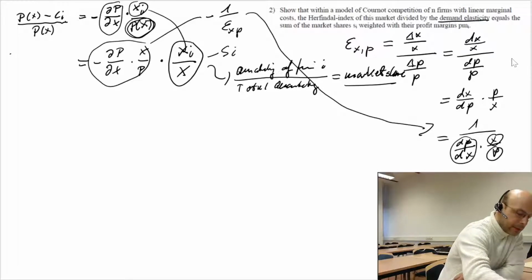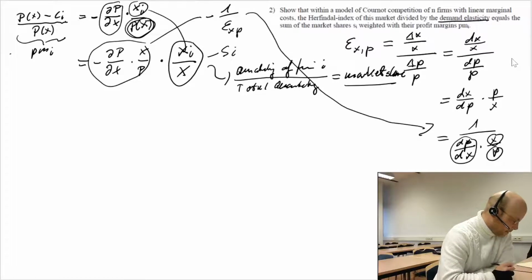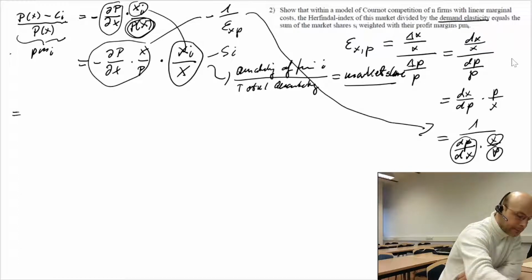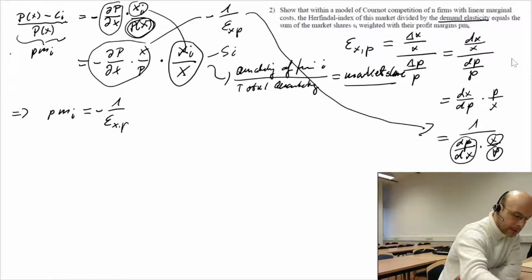So then we obtain, this is the profit margin PMi equals minus demand elasticity.